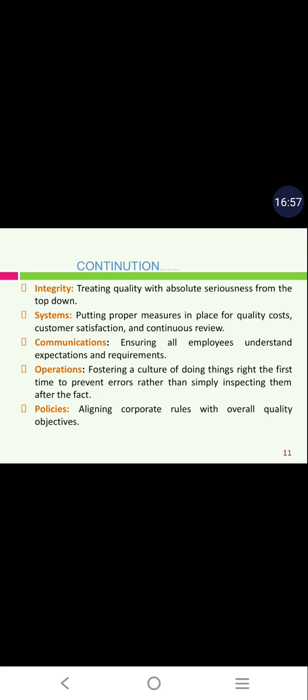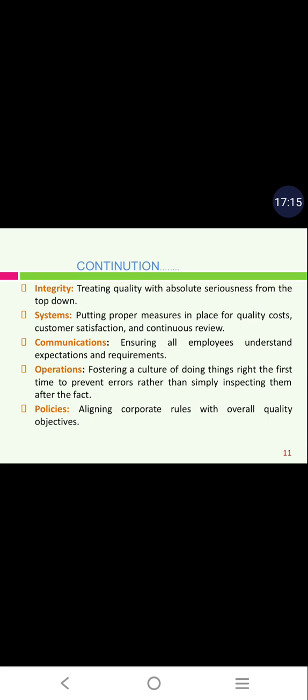And the second section is systems. What do you mean by systems? Putting proper measures in place for quality costs, customer satisfaction, and continuous review. System is nothing but the operating procedure.